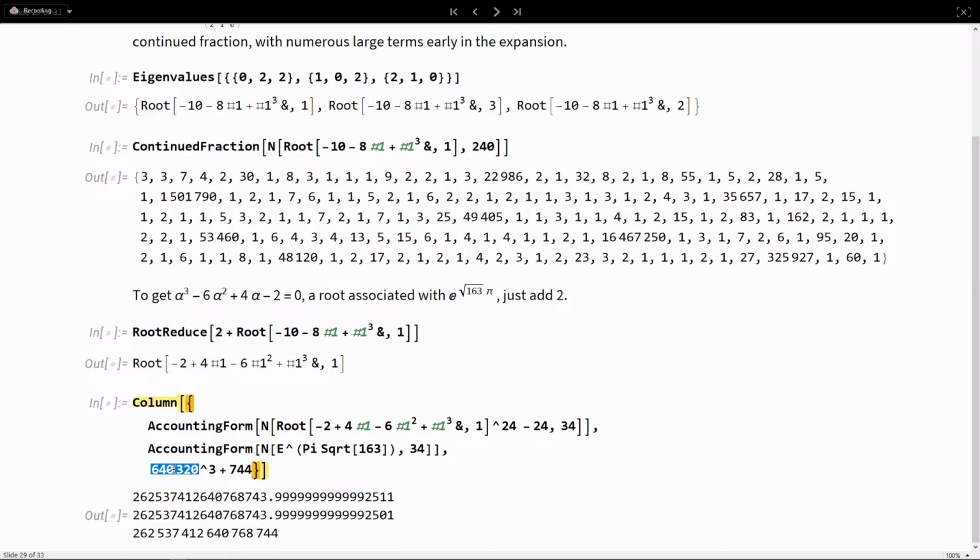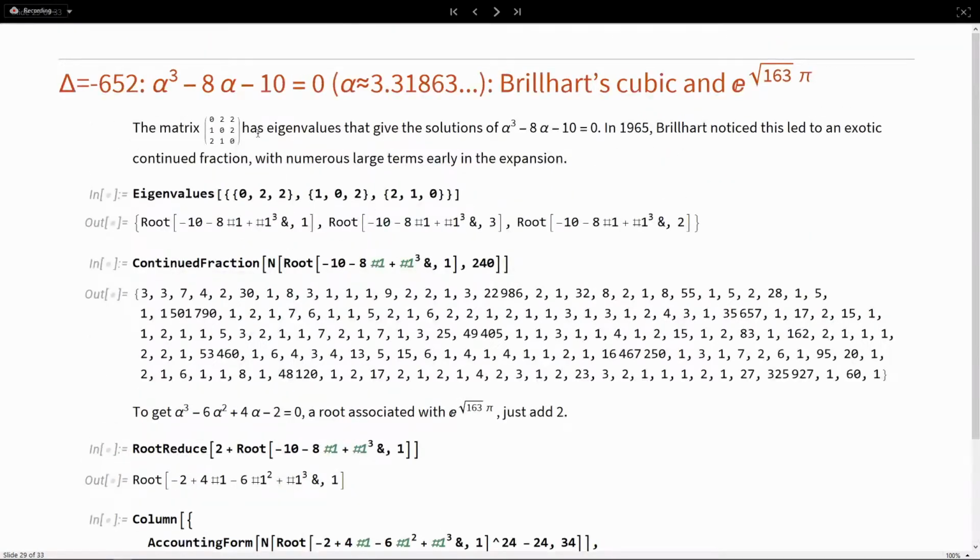And these are both almost equal to this number here. This weirdness was enough to break many computer systems because it made no sense that these numbers had agreement to 30 digits. So that's something that fell out of this simple little matrix. And now it's called Brillhart's cubic.